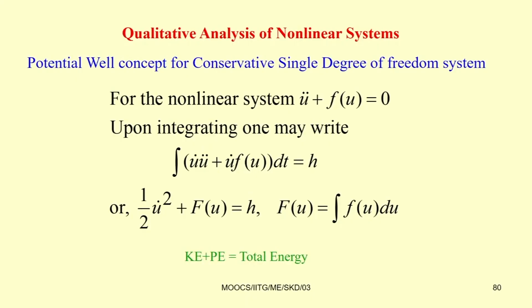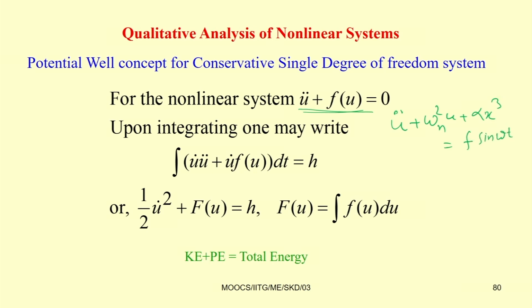Let us have a qualitative analysis of a nonlinear system. For example, we can write the nonlinear equation in this form, u double dot plus f u equal to 0. In this case, for example, u double dot plus omega n square u plus alpha u cube equal to f sin omega t.